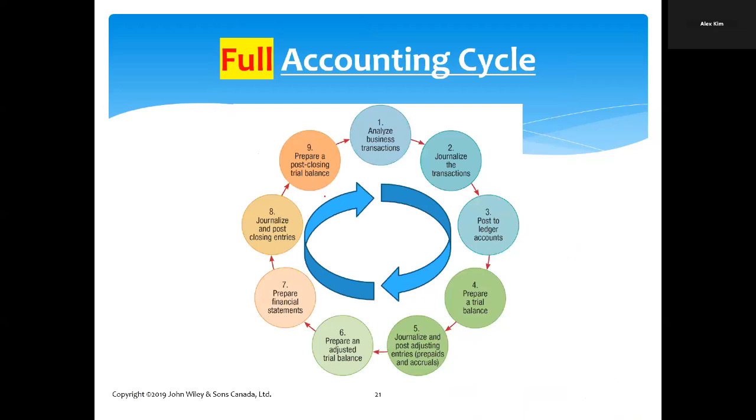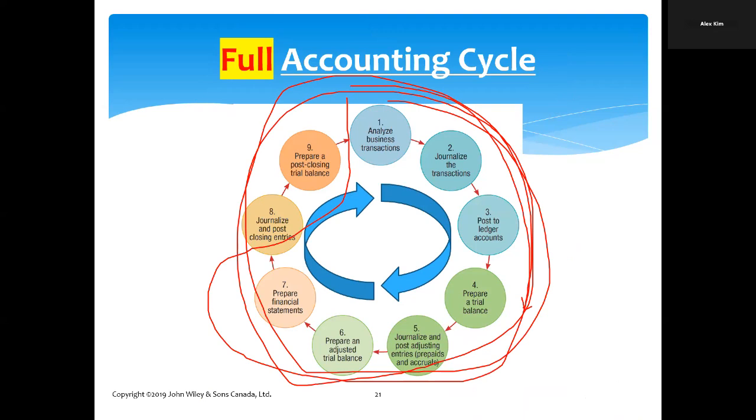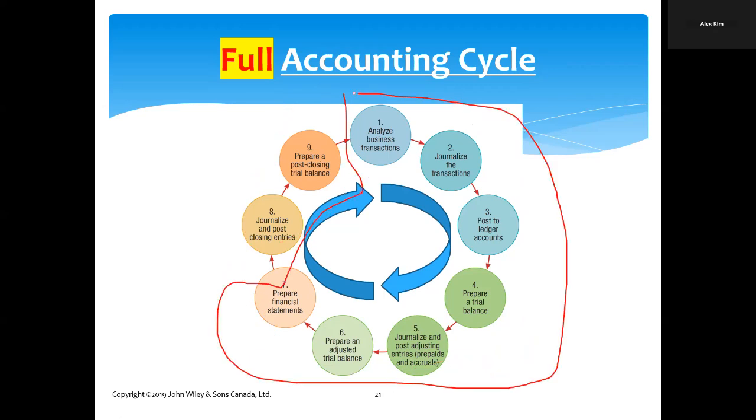So the full accounting cycle, we are going to repeat and repeat every single fiscal year. As I said, first through this step is about the past events, where we record and provide financial statements. Those last two are preparation for the coming period, so we can repeat as a cycle, full.